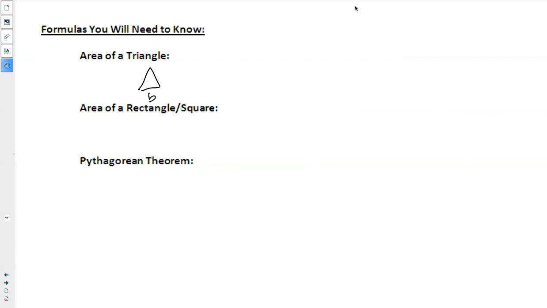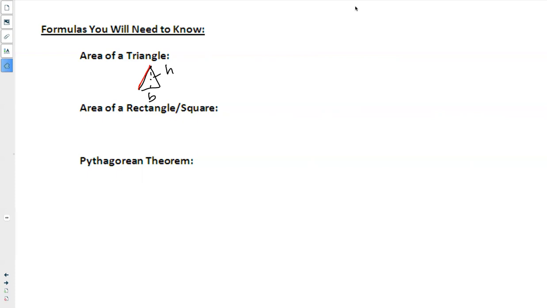We have a base, and we also have a perpendicular height there. We have to be sure that we use the perpendicular height from the base to the vertex. This is the vertex up here. We have to be sure that we don't just use the side length here. The side length does not equal the height.